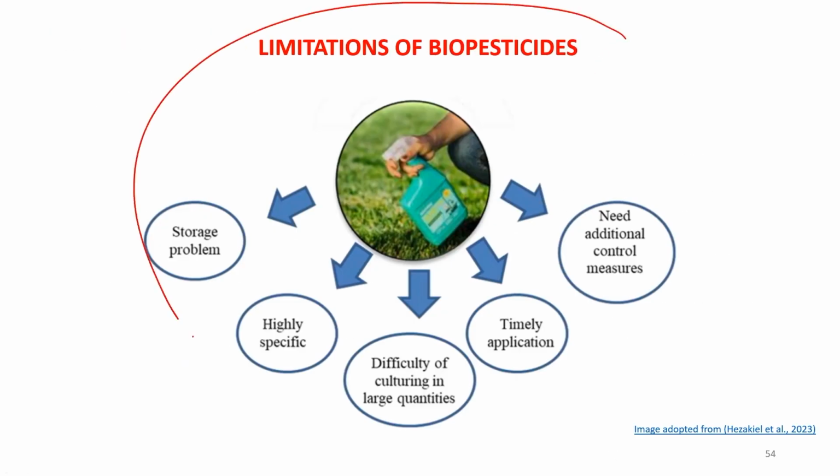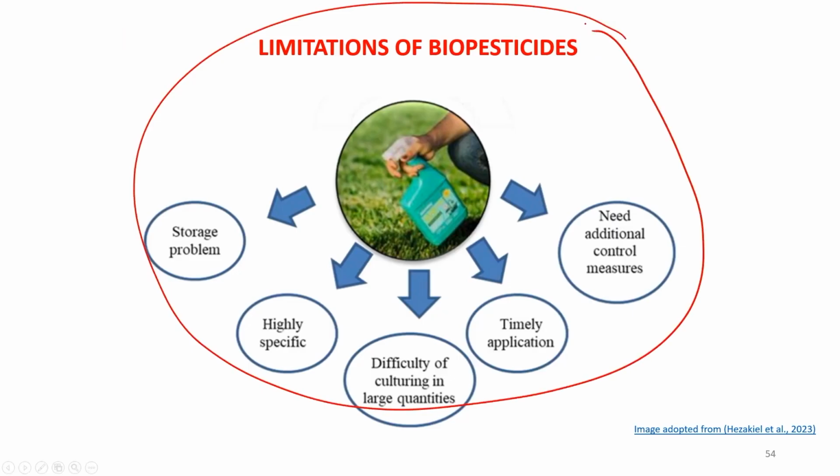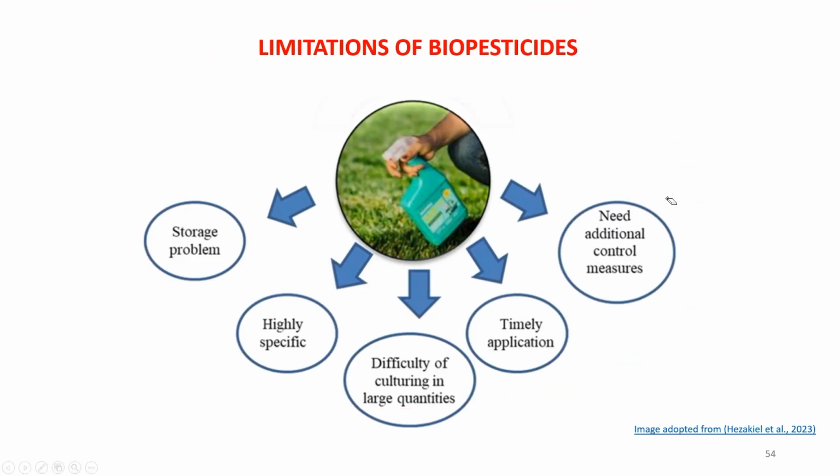In spite of all the good things we have discussed, there are certain limitations associated with biopesticides. For example, we have challenges of storage. They may become unviable, particularly the living organisms which we use as biopesticides need specialized storage.